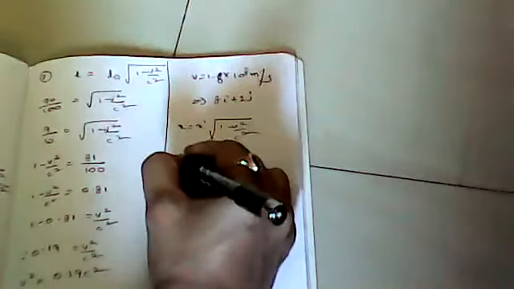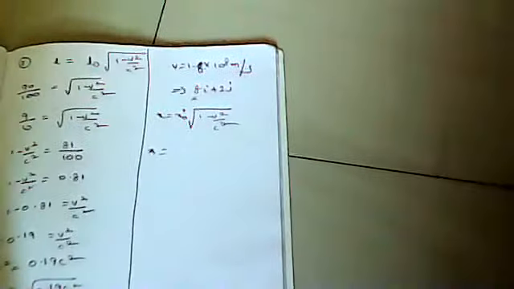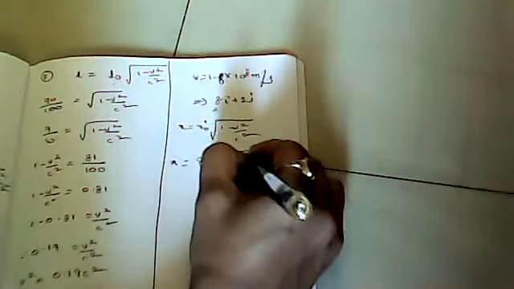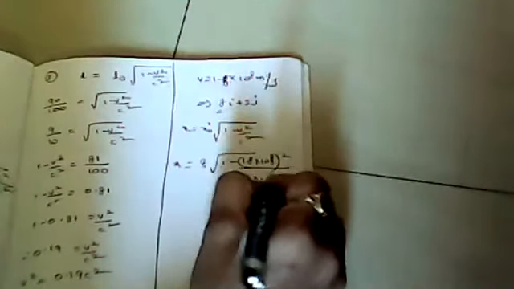The initial one, 8, is given; if you get confused, you can write x naught also. So 8 root of 1 minus v square, where v is given as 1.8 into 10 power 8, whole square, by c square, which we write directly as 3 into 10 power 8 whole square.